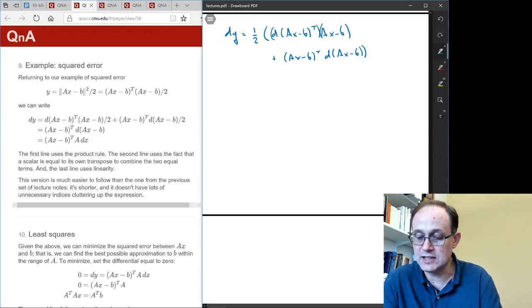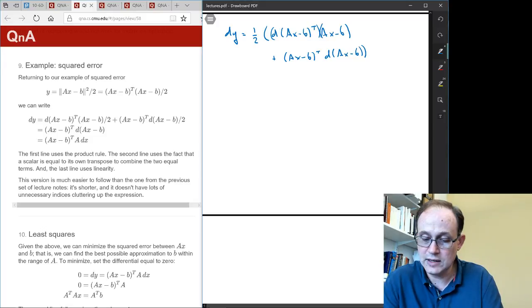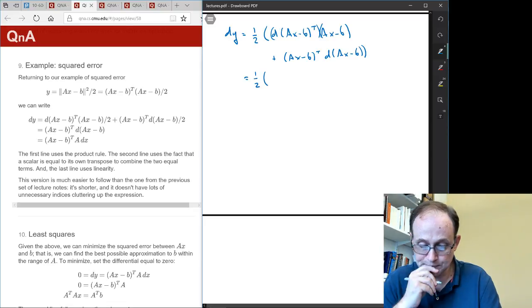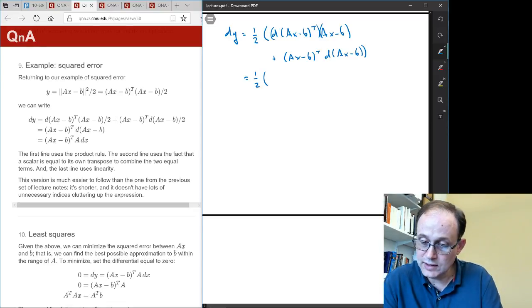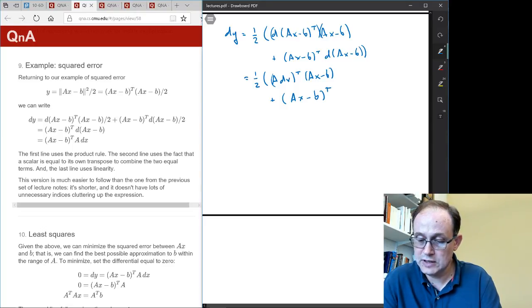And D of a constant B is 0, so we'll get 1 half A dx transpose times ax minus b plus ax minus b transpose. D of ax minus b is again just dx. Sorry, A dx. Let's make that neater.